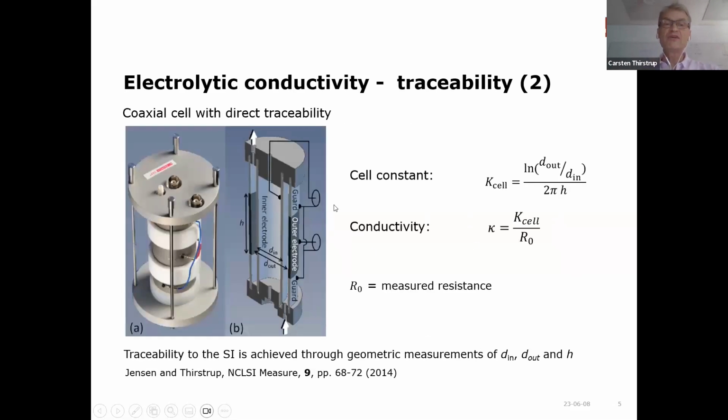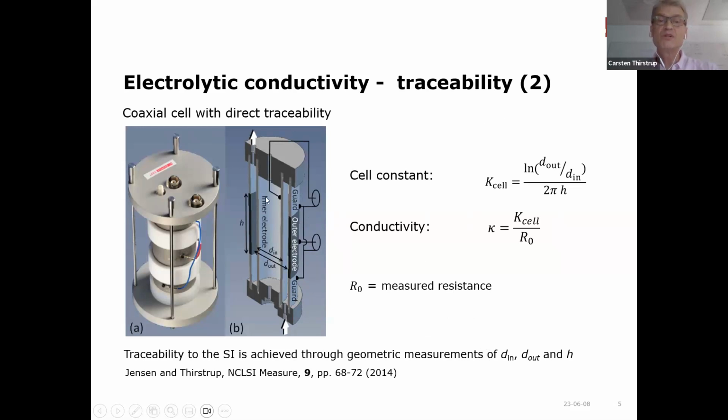At DFM, we have designed another cell which we normally use at low conductivity levels. It's a coaxial cell with an inner electrode and an outer electrode, and then guards on each side of the electrode.